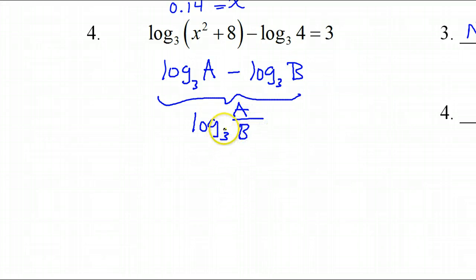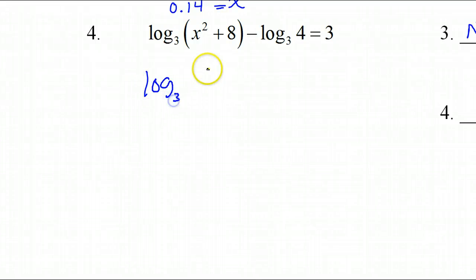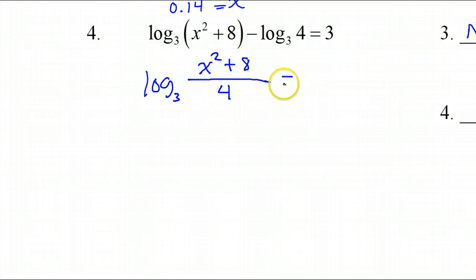Log A over B. So that's what we're doing, except A is x squared plus 8 and B is 4, but it's got to be A over B. So that's what we will do. Again, the log does not go away. So I have log base 3 of x squared plus 8 over 4, and that's equal to 3.